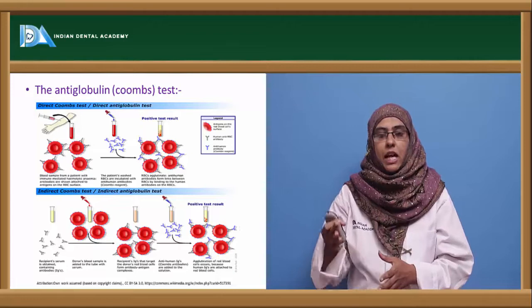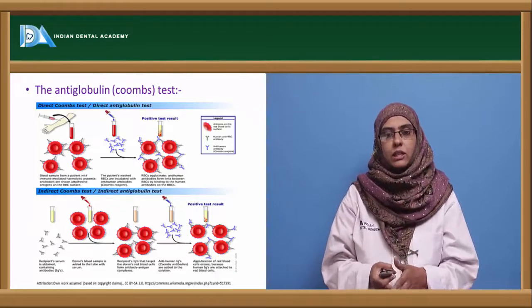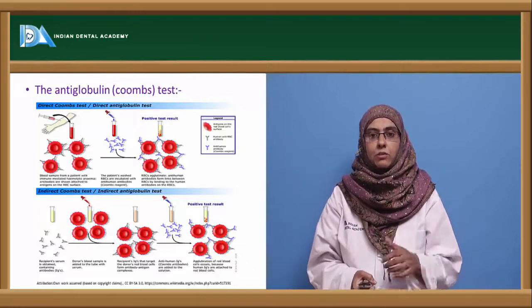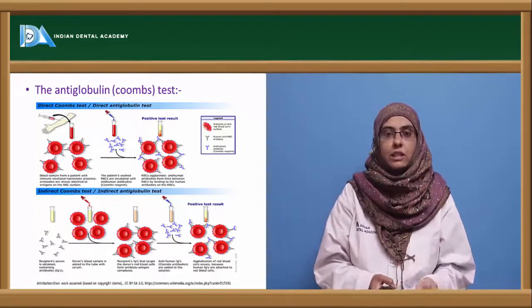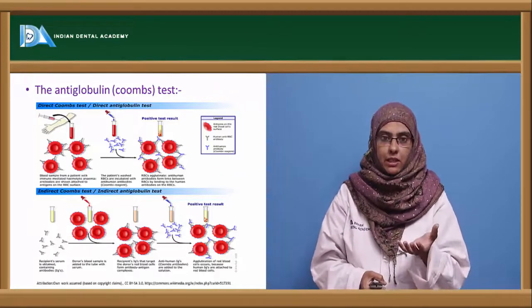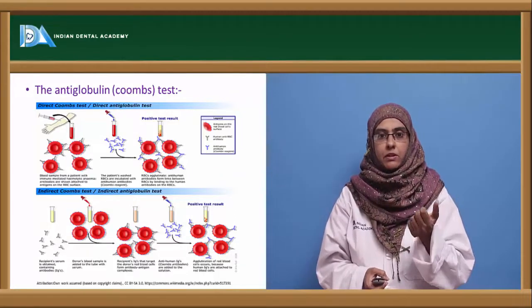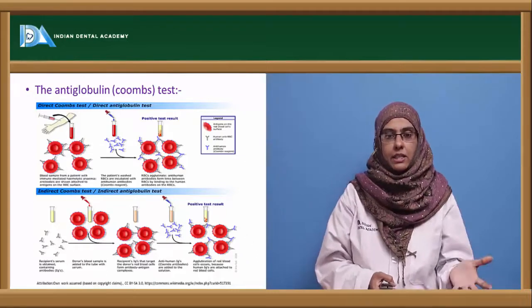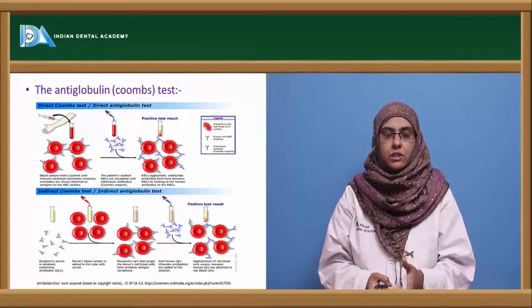erythroblastosis fetalis. This Coombs test can be carried out as a direct Coombs test or an indirect Coombs test. The direct Coombs test is seen in in vivo conditions, where the RBCs are taken from the fetus, that is the baby that is born, to identify the Rh antibodies that are causing the destruction of the baby.